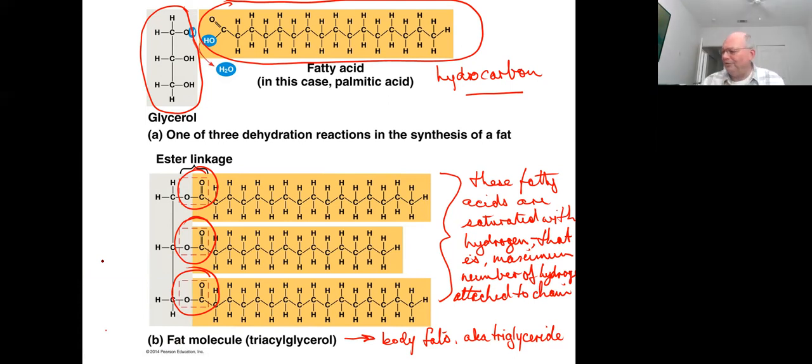So these fats are described as saturated fats because they have a maximum number of hydrogens attached to the carbon chain. And as a consequence of this, the fats are linear, or the fatty acids.